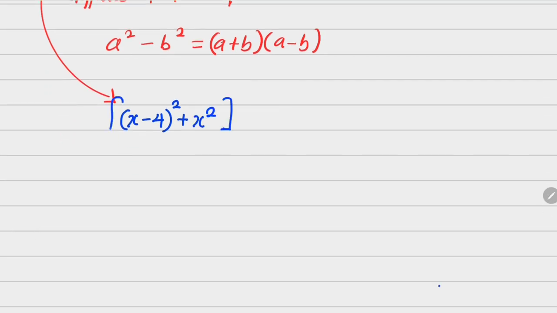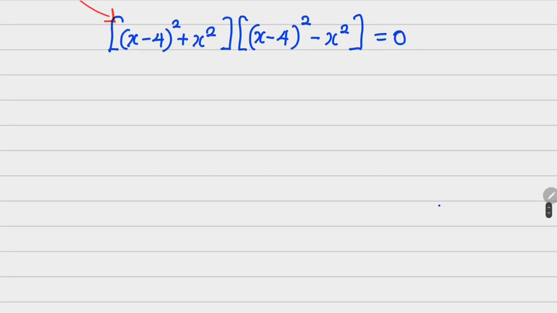Now let me have this bracket, okay? Then the second one, of course, you check, is minus, so it's going to be (x − 4)² minus x². Now this is equal to 0. As a math student, you understand that it has become a bit simplified.